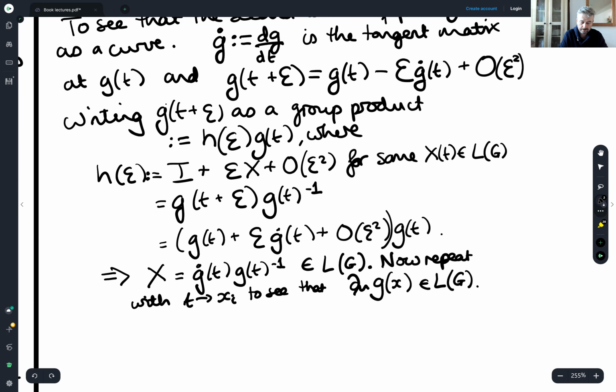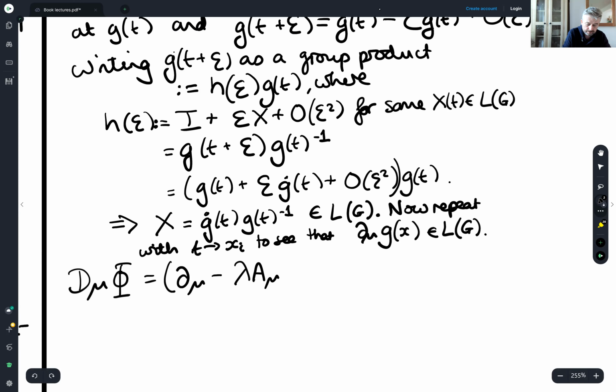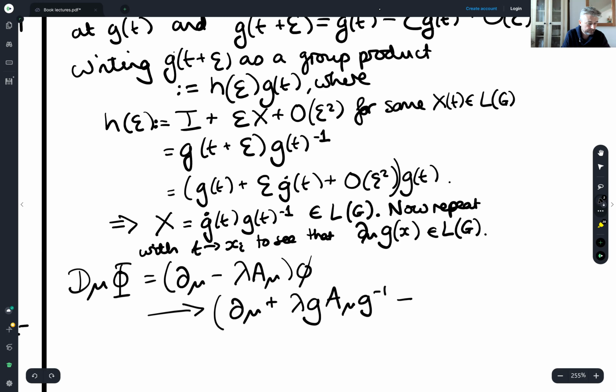Okay, so how does the covariant derivative transform? Well, the covariant derivative, D mu of phi, is d mu minus lambda A mu acting on phi. Okay, so this transforms to d mu plus lambda g A mu g to the minus 1, minus 1 over lambda d mu g times g to the minus 1.